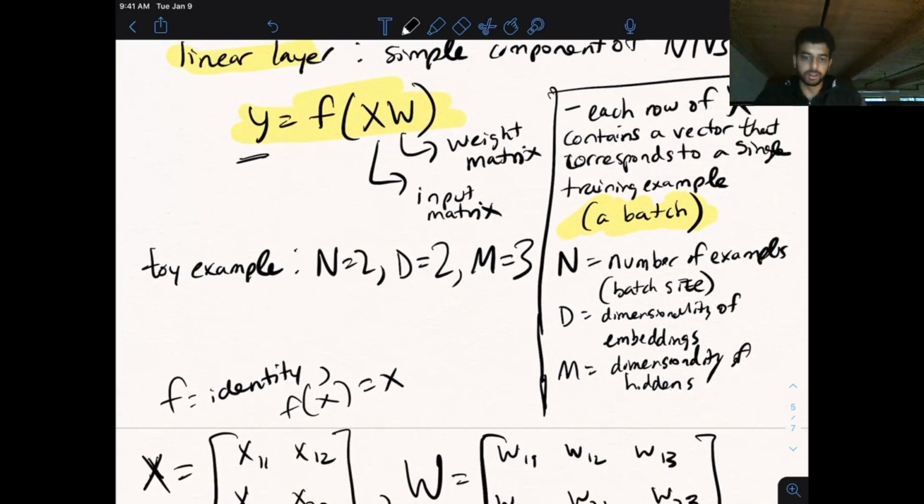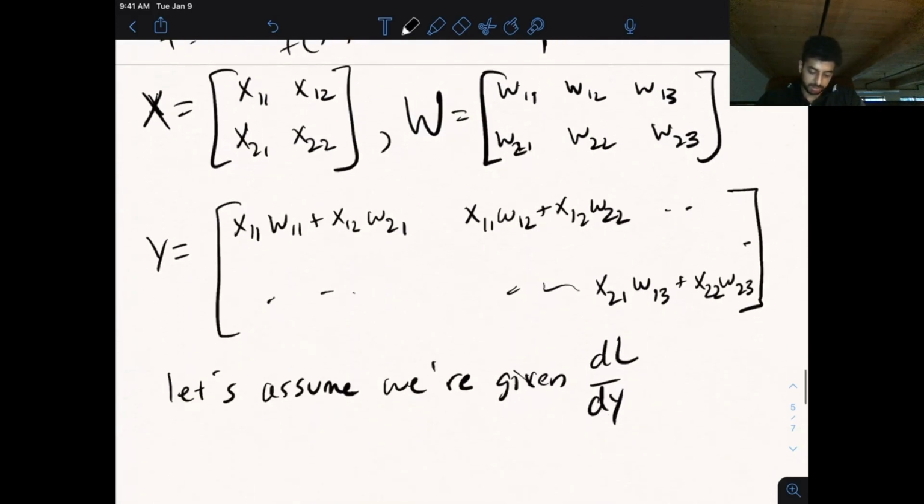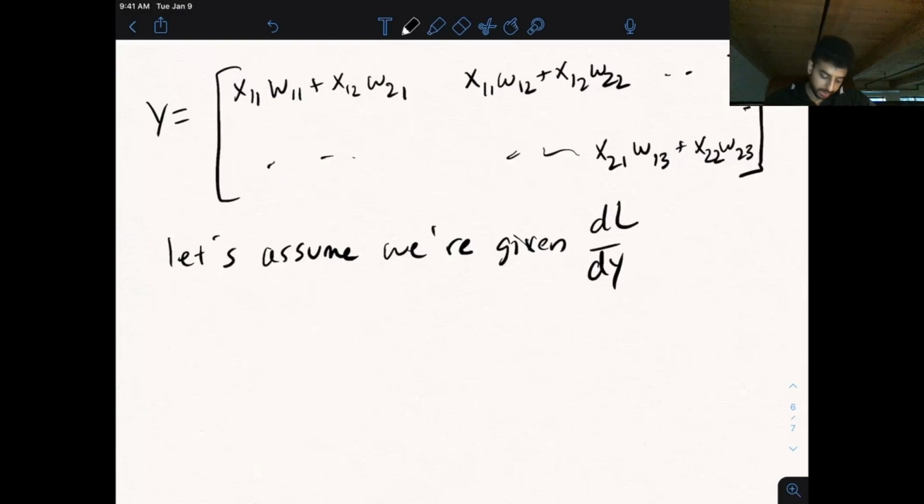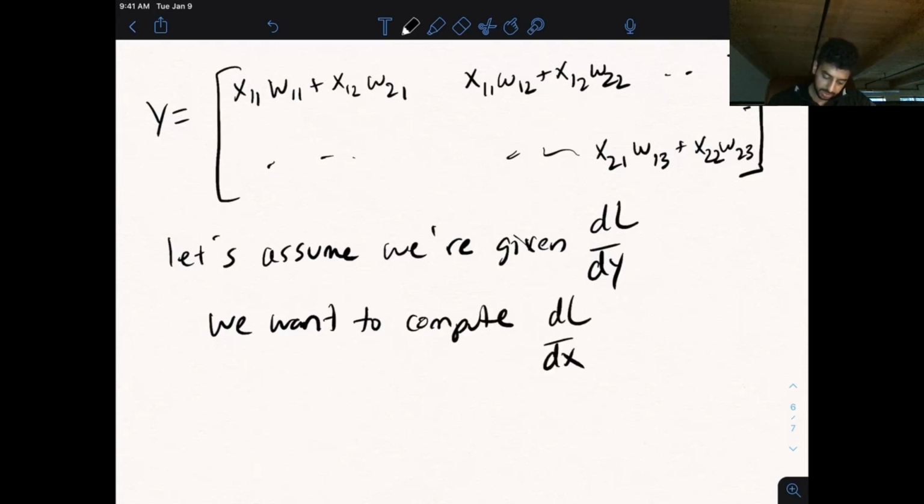Let's just assume we've already computed this through backprop, and now we're at this point. There are two things of interest here: dL/dx and dL/dW. Right? How do we do this?